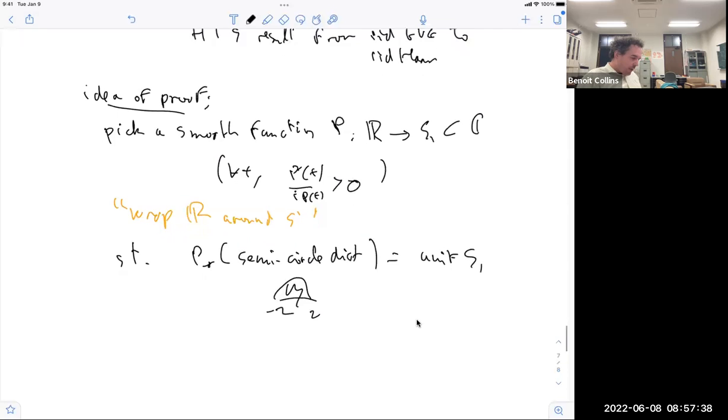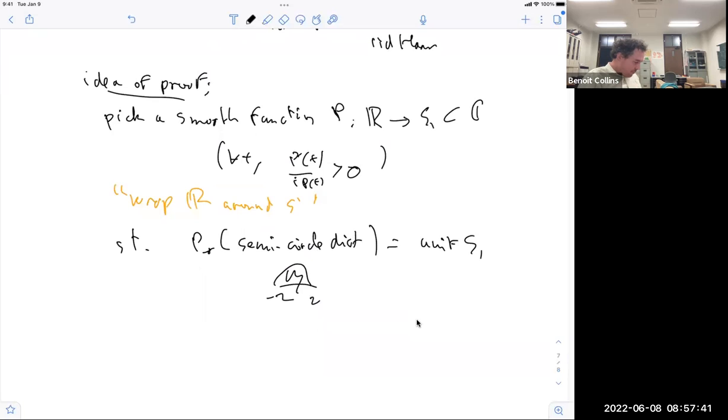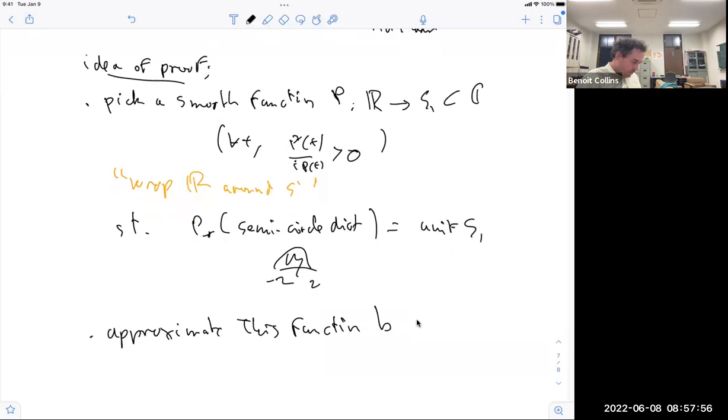So I have this smooth function, and now I'm going to approximate this function by P epsilon uniformly in norm, let's say over maybe -2.1 and 2.1, slightly beyond the -2, 2 interval that kicks in here.